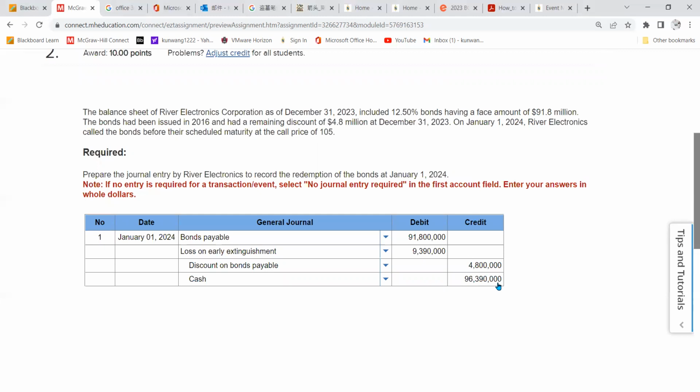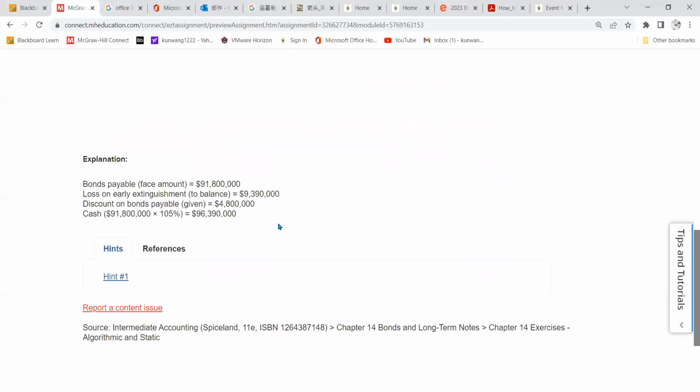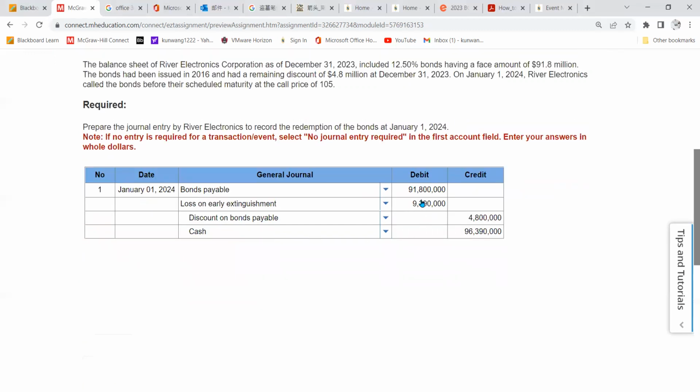So you can see that's the price, so we know the calling price. Then how much is the outstanding balance now? The remaining discount, they already tell you, is 4.8 million.